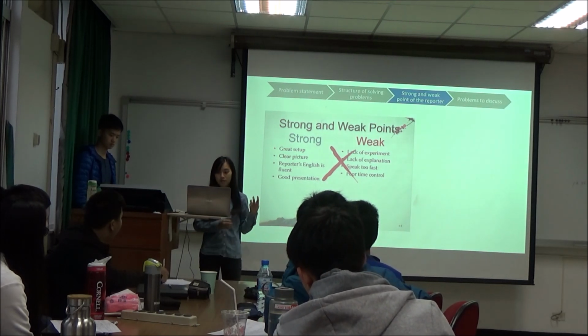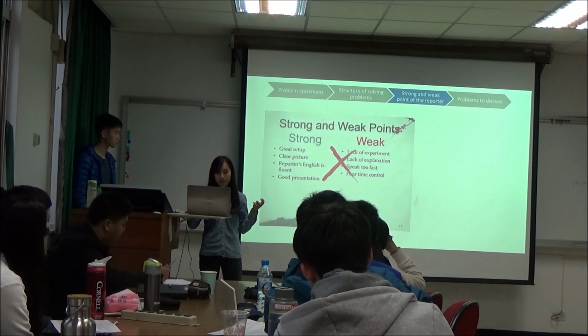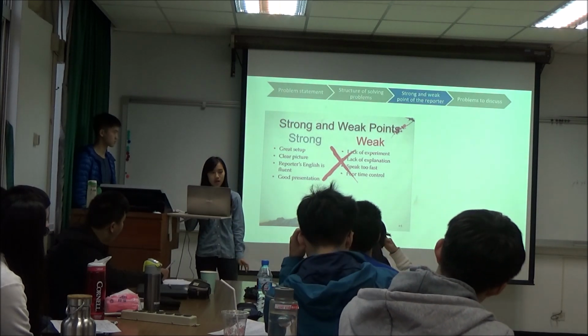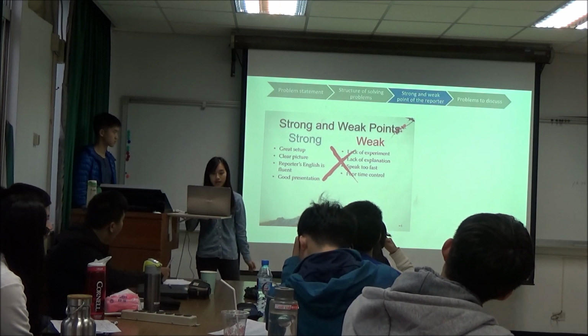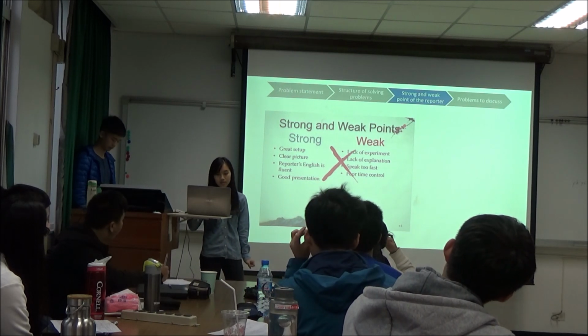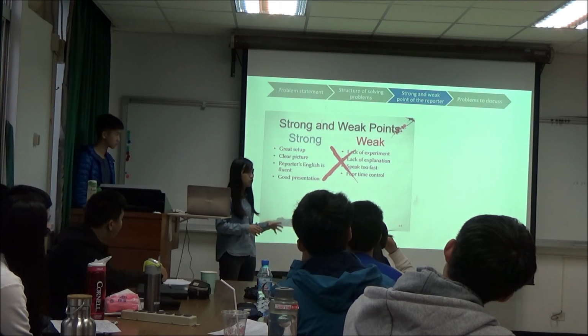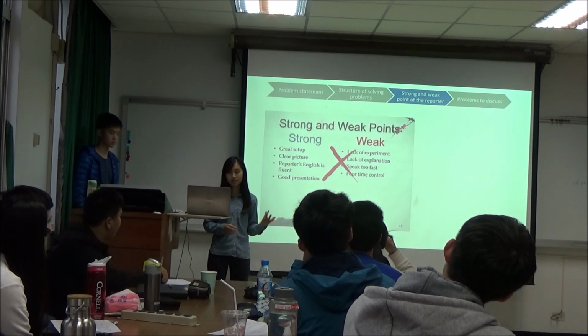So do not put the things that can be put on every reporter. And last but not least, sometimes it's very hard to find the pros and cons of the reporter. And it's better that you put few points than you put the wrong point which the reporter didn't do.